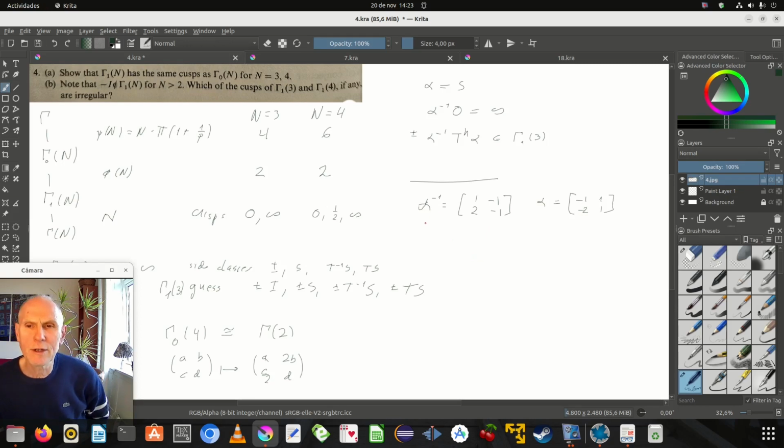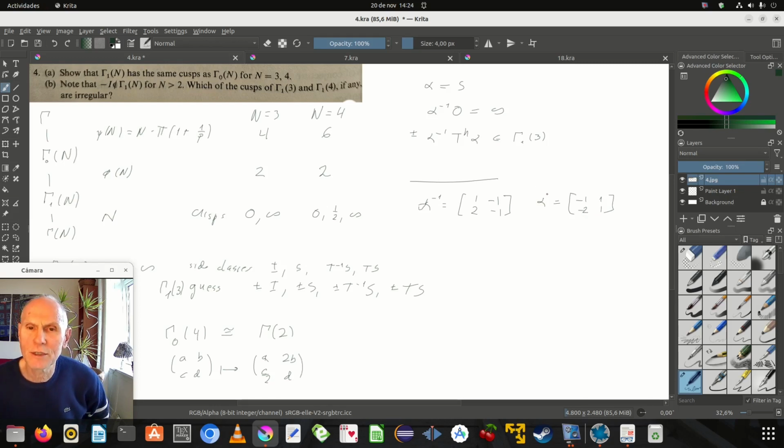Oh, I did it the opposite way around, didn't I? Now, this maps infinity to 1/2. So this should map 1/2 times minus 2, that's minus 1 plus 1, the denominator vanishes.